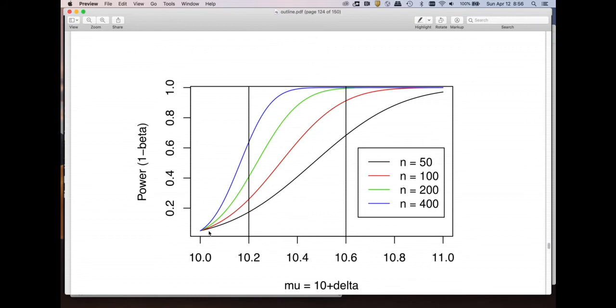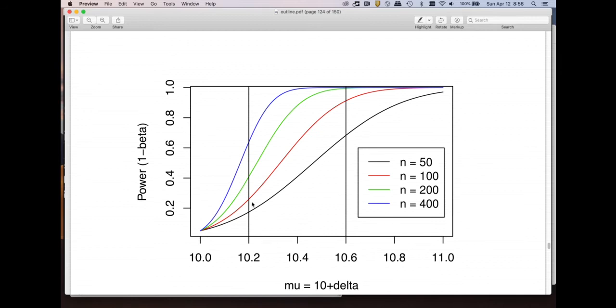when your delta is very small, so if the true mean is, say, 10.1, or I drew a reference line at 10.2, it becomes much harder to reject the null hypothesis. So even though the null hypothesis is false because mu is, say, 10.2, it's hard to reject H naught because it's just such a small effect.